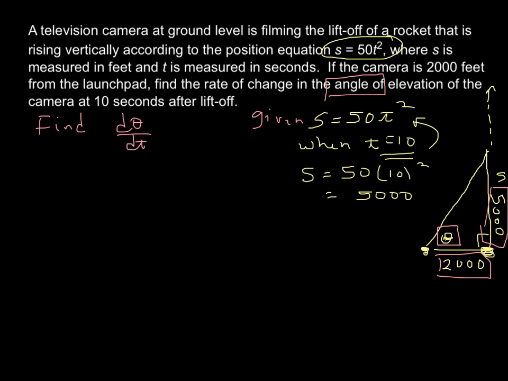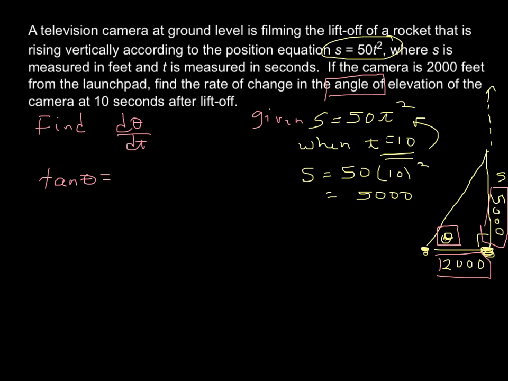So the tan of theta is going to equal, now be careful, if I stick in there that the tan of theta equals 5,000 over 2,000, all that's going to do is give me a quantity that's going to go to 0 when I take the derivative, and I am not going to have an answer when I get done. So what I've got to do is use my variables.